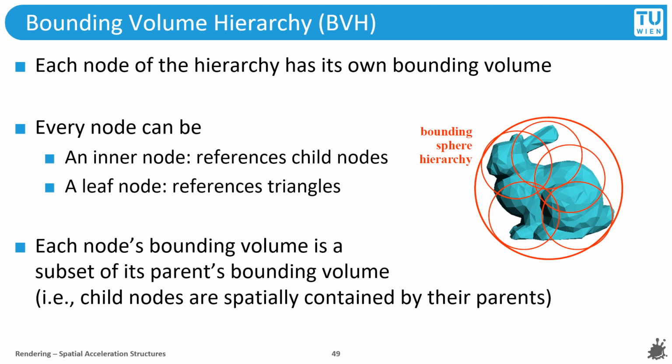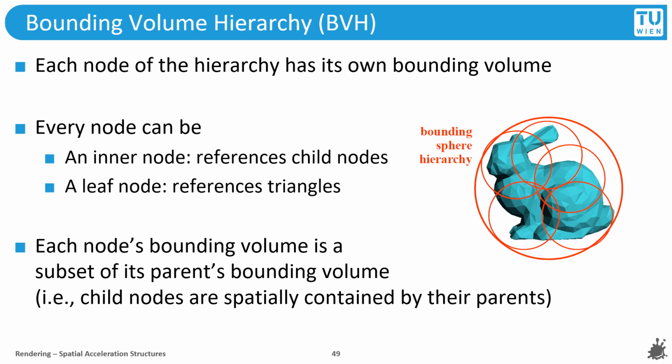Instead of having a single bounding volume for the entire object, we actually have multiple layers. And on each new layer, a bounding volume is split into several smaller bounding volumes that are enclosed within it. And that means that every node in the bounding volume hierarchy can either be an inner node, meaning that it references multiple child nodes, or it can be a leaf node, meaning that it references actual triangles.